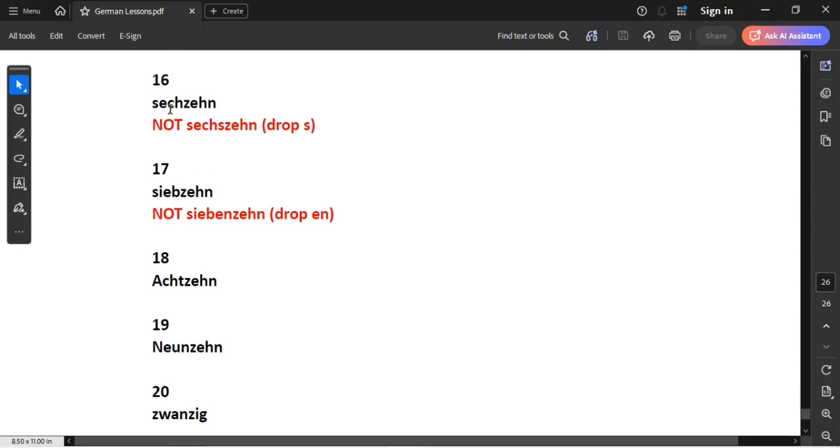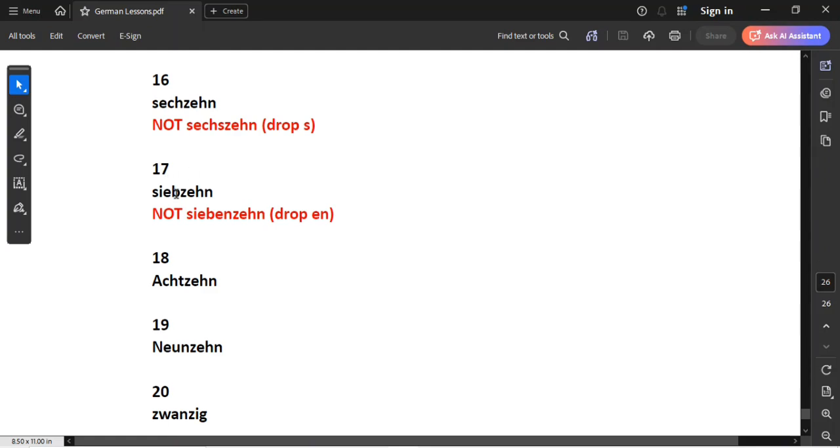So 16, remember, it is sechzehn. Then 17 will be siebzehn. Then 18 will be achtzehn. Then 19 will be neunzehn. Then the last one, 20, will be zwanzig. So there are special cases for 16 and 17, where for 16 you just drop the S in 6.